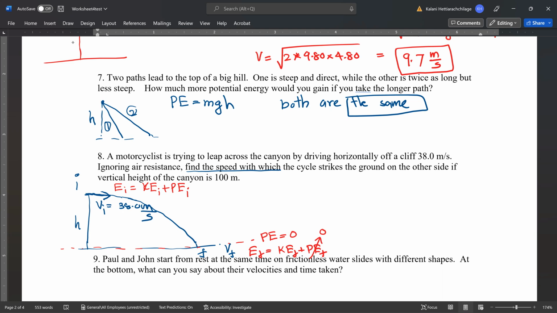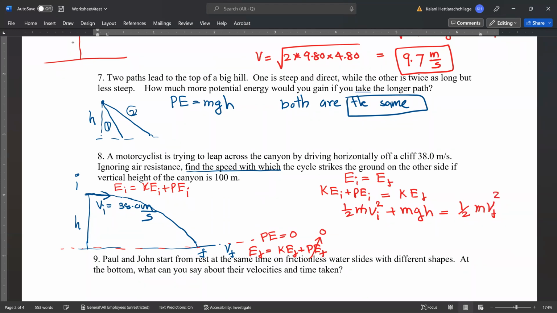So now we write E initial equals E final, energy conservation. Initially I have both kinetic and potential energy, but finally I have only kinetic energy. Let's write down the formulas: half m v initial squared plus potential energy mgh, h is given, I'm going to plug it in later, equals kinetic energy final, half m v final squared.